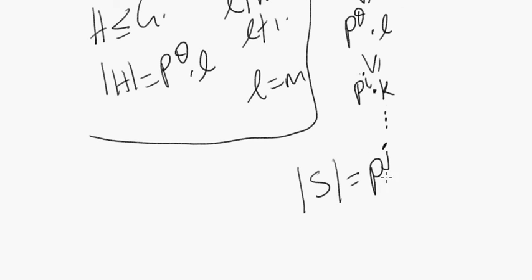If we're getting a contradiction, then our assumption before, that there does not exist a subgroup whose order is relatively prime to M, is bogus.